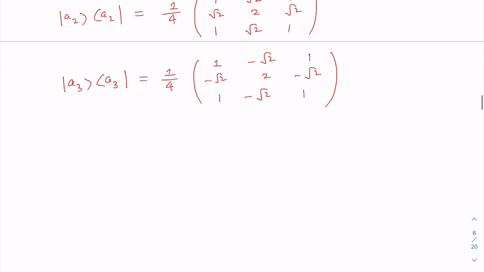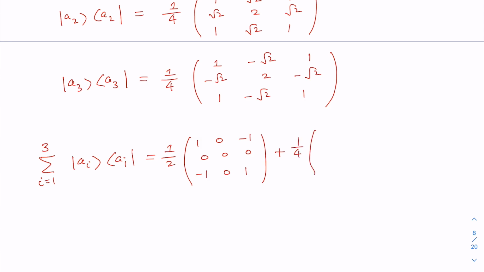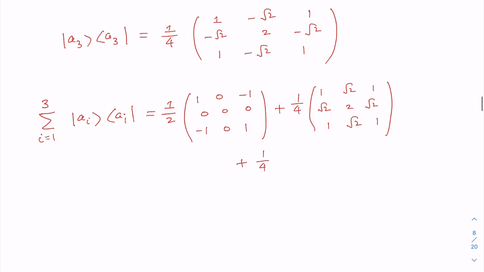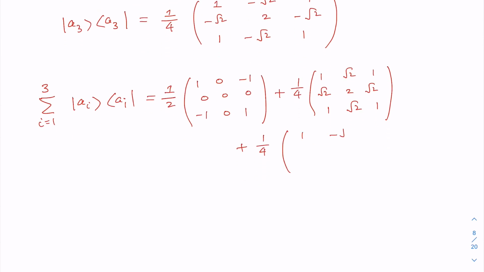So now if you sum all these things, that is the sum over i equal to 1, 2, 3 of ket ai bra ai, you will get the first matrix plus 1 by 4 times the second matrix plus 1 by 4 times the third matrix. So you just have to sum it up.